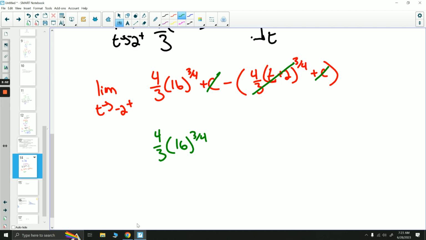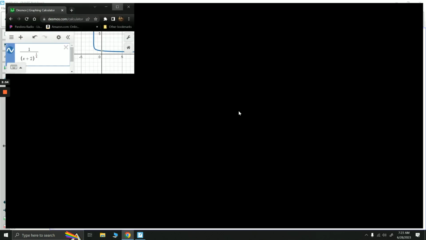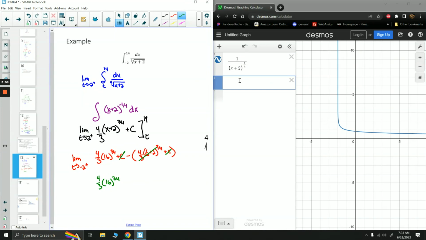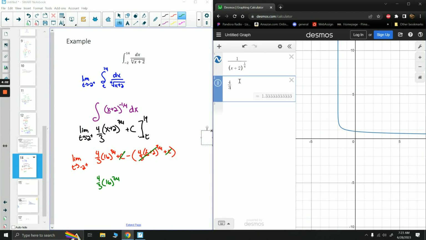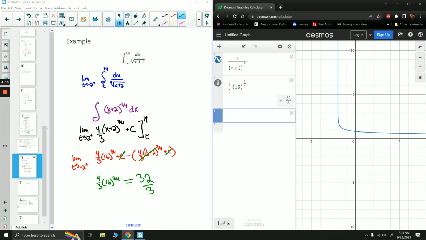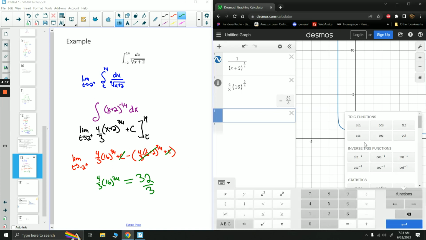Okay, so let's go ahead and check that out. We have 4/3 times 16 to the 3/4 in Desmos, which is 32 over 3. Might as well get that in exact terms. Now let's compare that to the integral here.